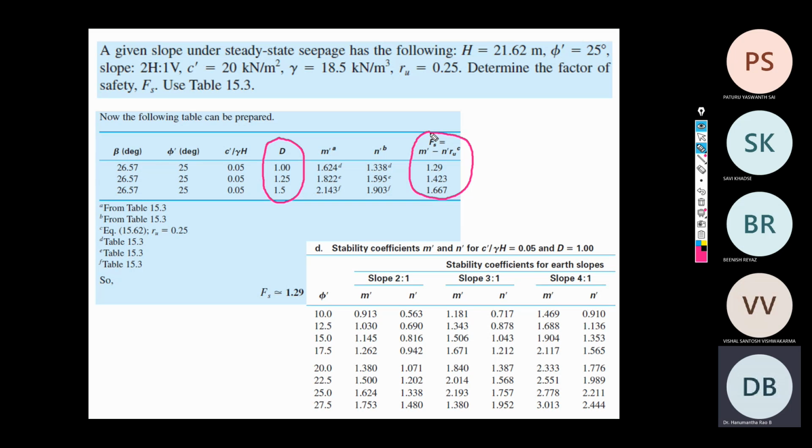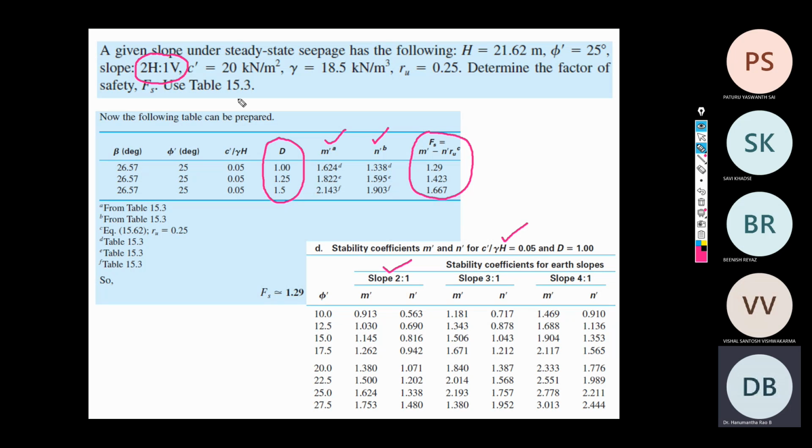Yesterday I demonstrated how to pick up the values of m dash and n dash from this table. In the given sum, the slope angle has been given, that is 2 horizontal to 1 vertical. So this is fixed. In the next step, you need to determine the c dash by gamma h value, which is equivalent to 0.05 as per the calculation.